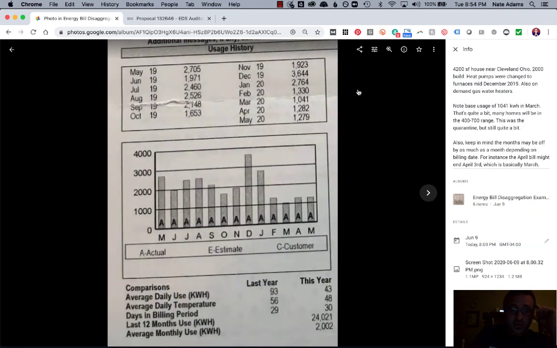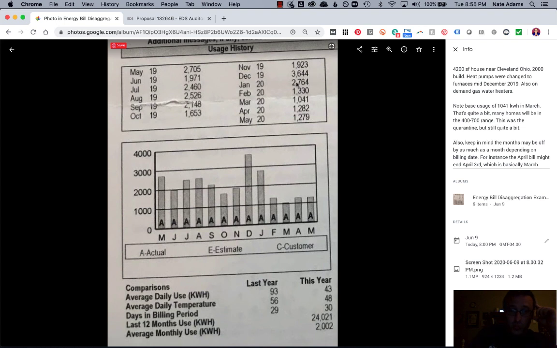Okay, so this is that same house, but it is the most recent bill. And in December, the heat pump was changed out. So here's an actual, and what was it, 3,600. So that's when the winter's really getting wound up here. We know that this changed here.